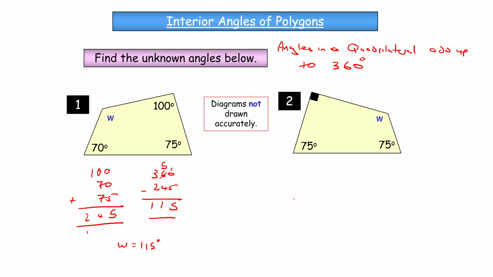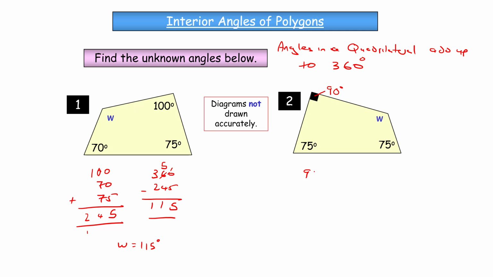Okay, it's that simple. And if we look at this one here, this quadrilateral, I want to find W here as well. But I've got 75 and 75. They haven't told me what this is, but we know when we see this box, it's going to be equal to 90 degrees. It's a 90-degree angle.